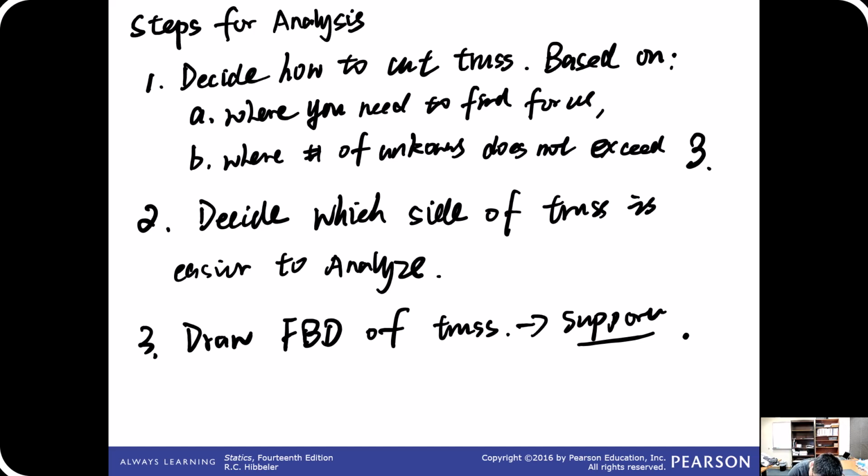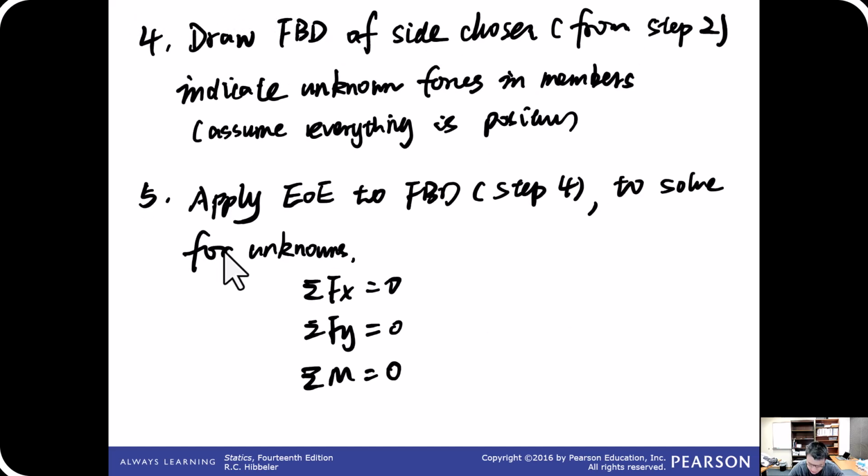The equilibrium is sum of Fx equals 0, sum of Fy equals 0, and sum of the moments about any point is 0. That's steps 4 and 5.